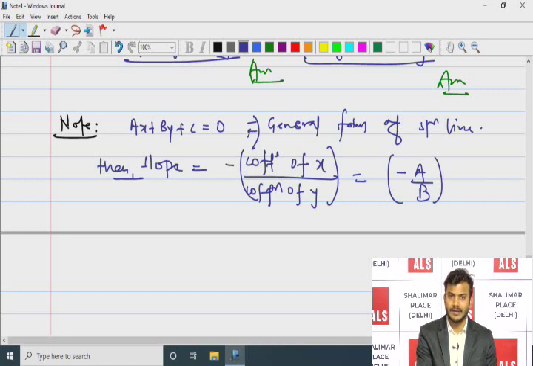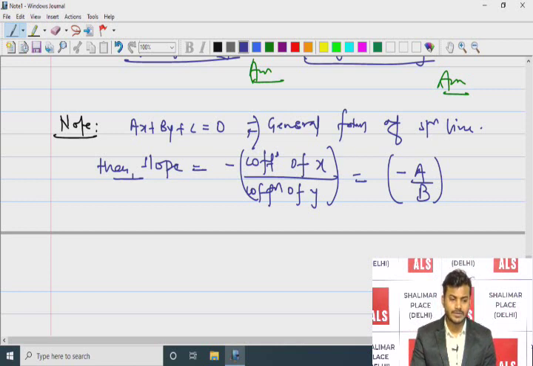Is it clear? Well, it doesn't matter actually whether c is on the right side or the left side, because ultimately there is nothing to do with c, the constant part. But I would say always you should consider it on the left side, because there are some other forms in which you have to take care of that as well. So minus of a upon b is going to be the slope of a straight line.